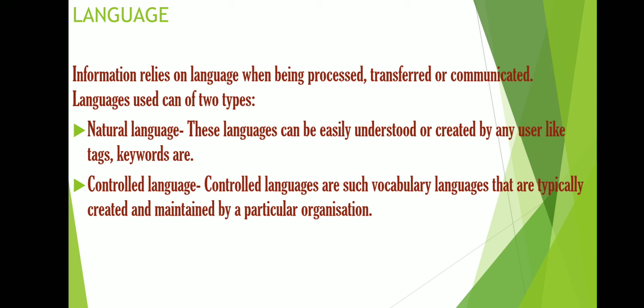There is a certain language in which the information is processed or uploaded into the websites. Then the website or your storage system or retrieval system processes it or changes it either into some coded language or into simple user-friendly language, and through that language we communicate. So this language can be of two types: natural language, otherwise the control language.